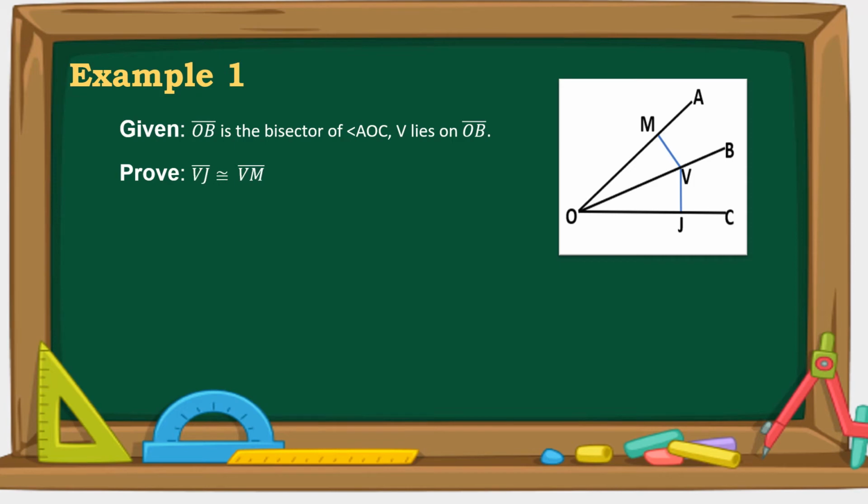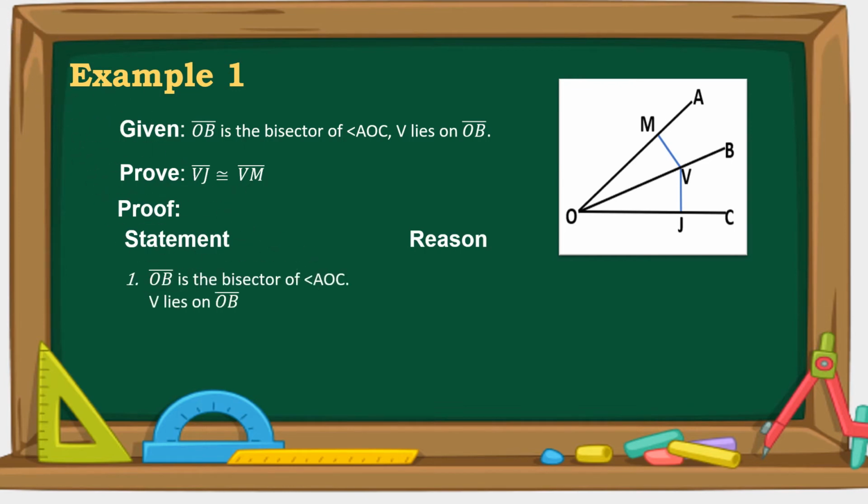Prove that line segment VJ is congruent to line segment VM. So here's the proof. Statement number 1. Line segment OB is the bisector of angle AOC. V lies on line segment OB. So the reason is given.